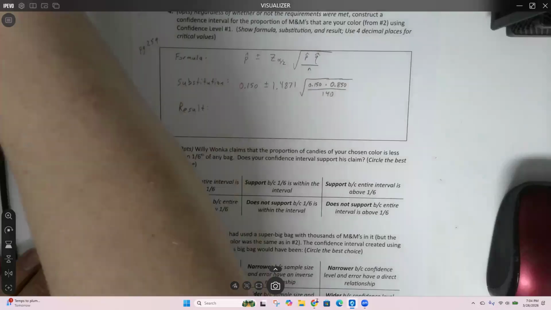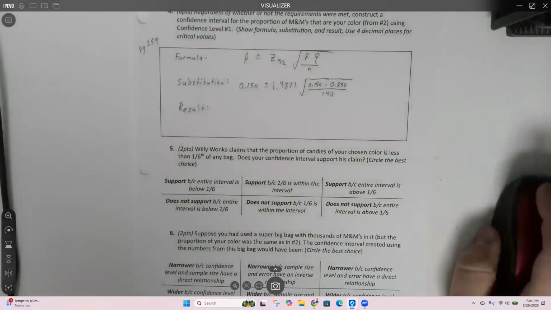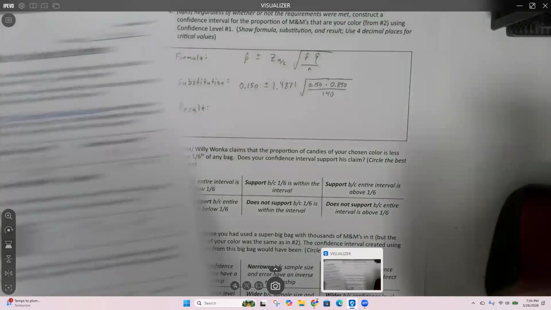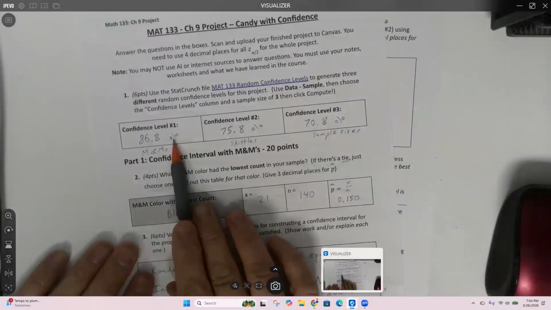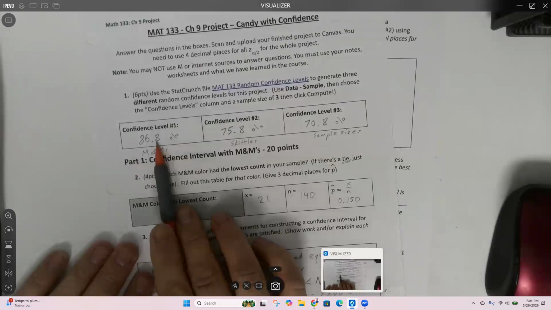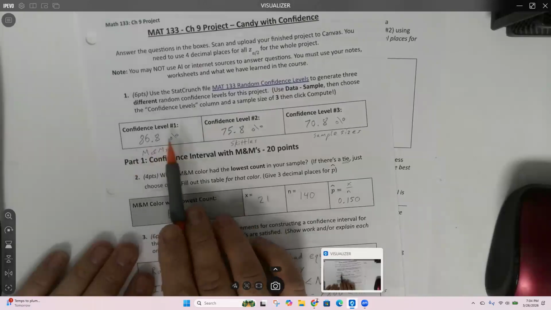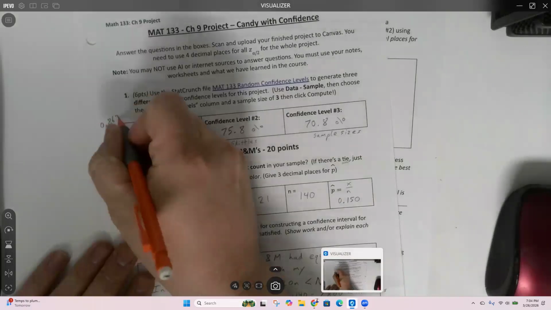97.3. Did you write 97.3 or 0.973? That's a percent. Whenever you have percents, if you write the percent symbol on your paper, I will accept that. This confidence level is not 86.8, it is 86.8%, which is 0.868 as a decimal.